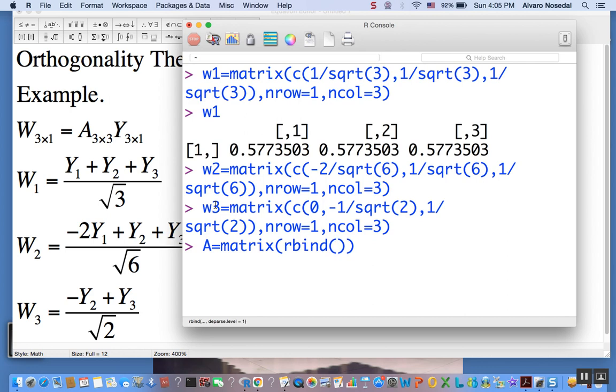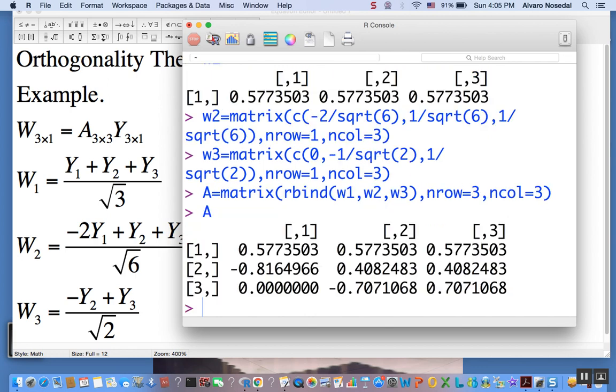So row bind, that's the function that we're going to be using to paste W1, W2, W3. A has 3 rows and 3 columns. Let's make sure that we have what we want. Yeah, it looks fine.